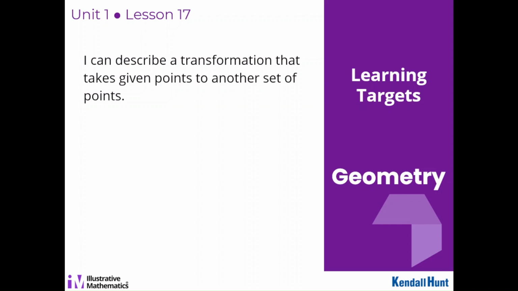So they're going to give us an original, they're going to give us an image, and we're going to need to describe how we transformed the original to create the image.